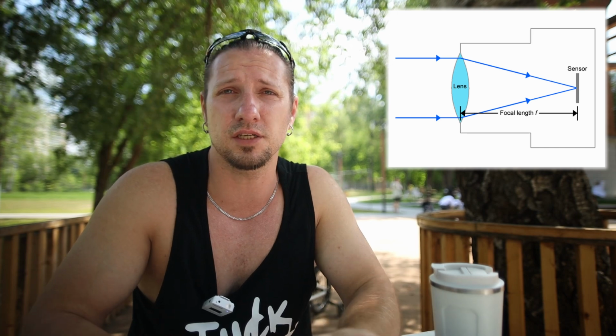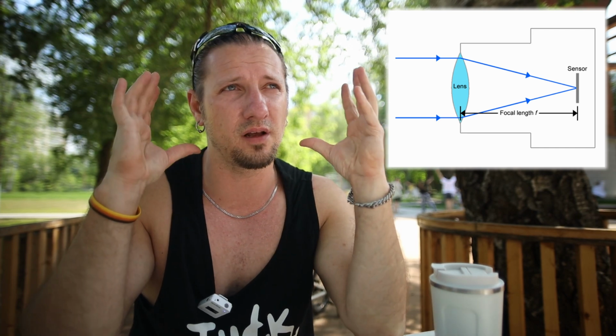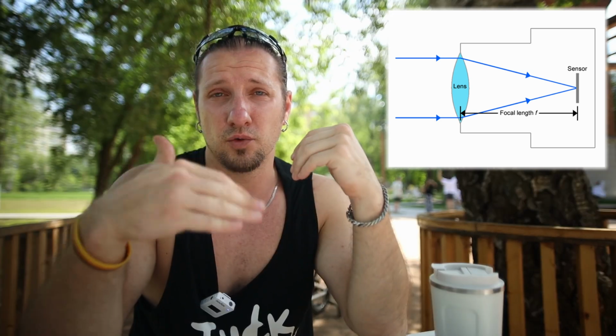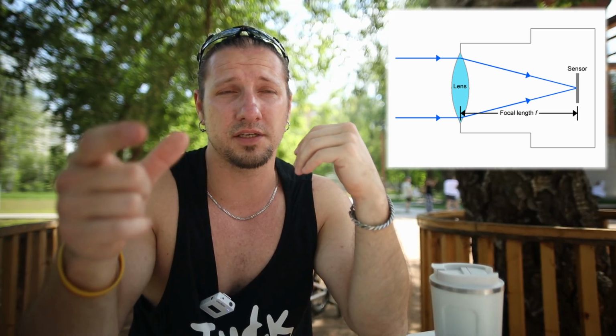It's the distance from where the light rays are gathered, focused, and the image sensor on which it actually falls. So where's the picture here? Where's the image? Where's the angle of view? I don't see it, do you?